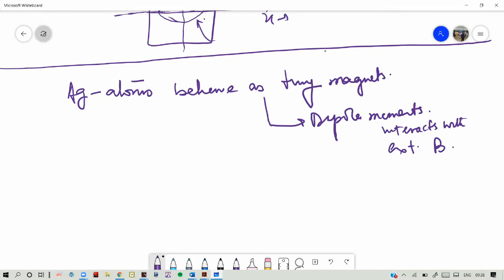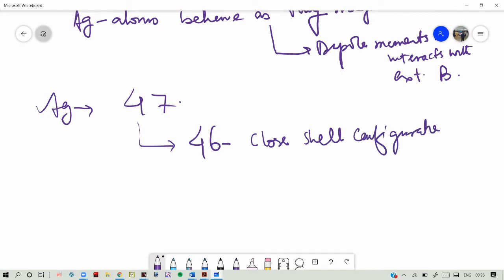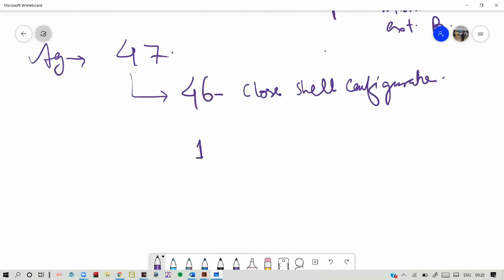The important point about silver atoms is that silver has an atomic number of 47. Out of these 47 electrons, 46 form a closed shell configuration. What we are left with is one electron, the 47th electron, which is in the s orbital. So it implies L is equal to 0.